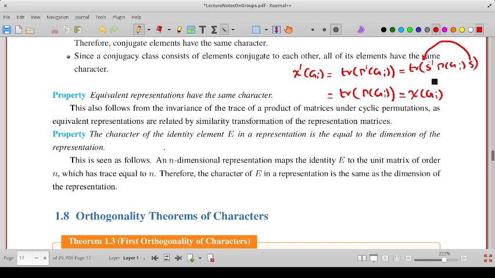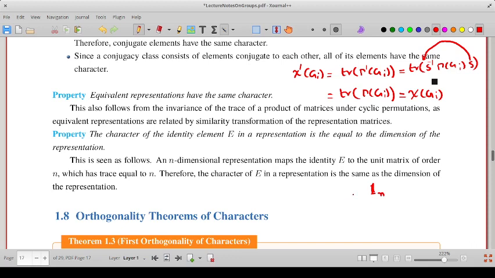So we now consider one more property, which is that the character of the identity element in a representation is equal to the dimension of the representation. And this is also straightforward because the representation matrix of the identity in an n-dimensional representation will be the unit matrix of order n.